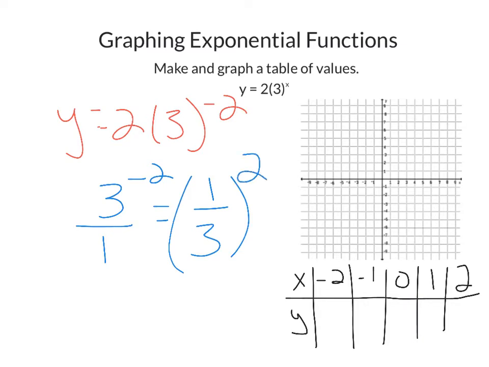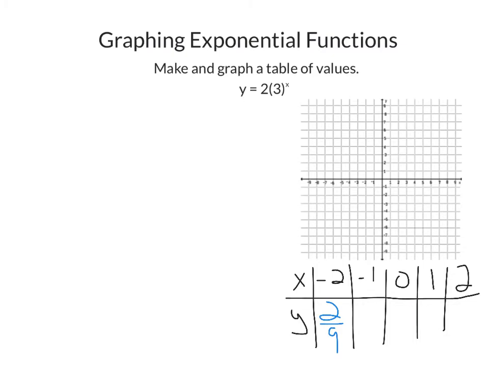So 3 to the -2 is really the same as 1/3 to the +2. 1/3 to the second would be 1/9 times 2 gives me 2/9. So when I substitute in -2 for x, I get 2/9 for a y value.